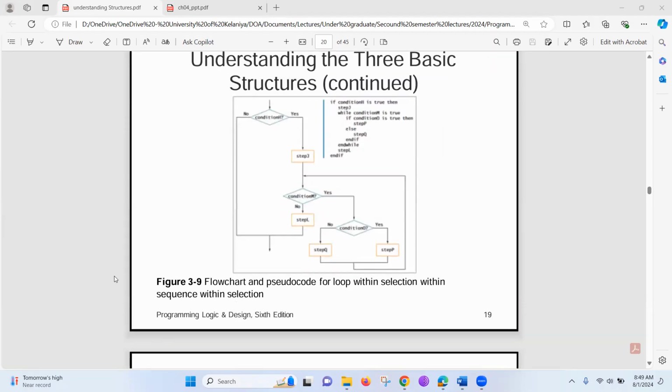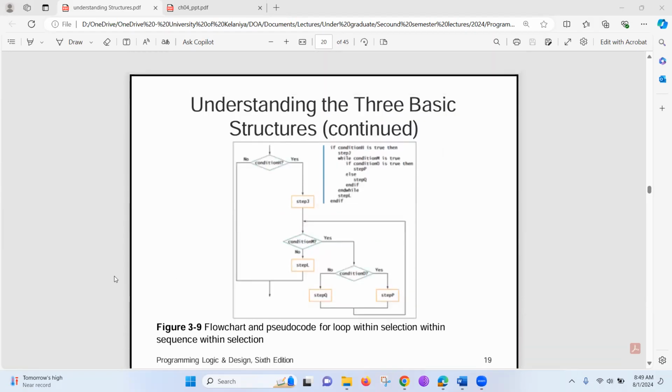Okay. Here, please take 1 minute and again tell me what is the main structure and how many nested structures you can identify. Yes. Anyone? The main structure would be, yes, what? Yes, row number 37, your answer is very correct.